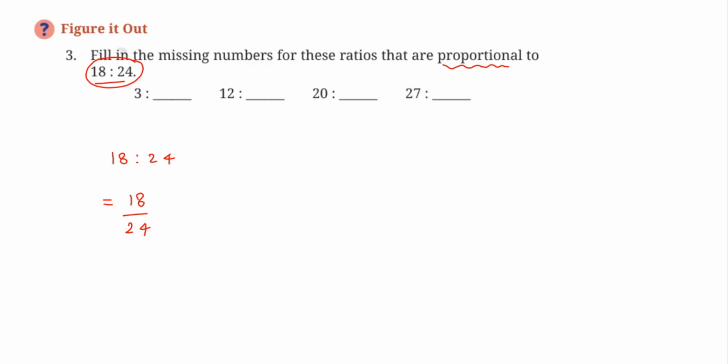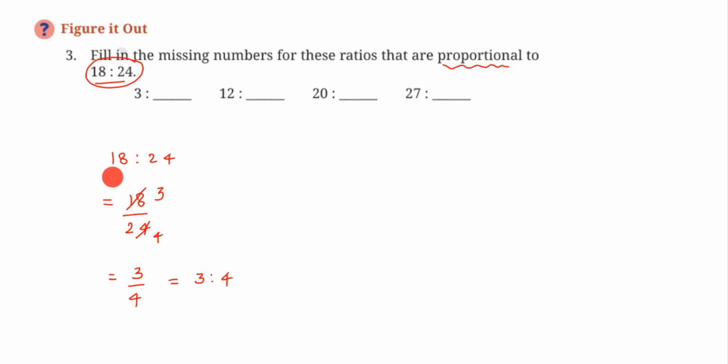Here 18 and 24 both are divisible by 6. 6 3s are 18, 6 4s are 24. We get 3/4. And if we want to write this in a ratio, this will be 3:4. Now this is in simplified form. This is a simplified form of 18:24.